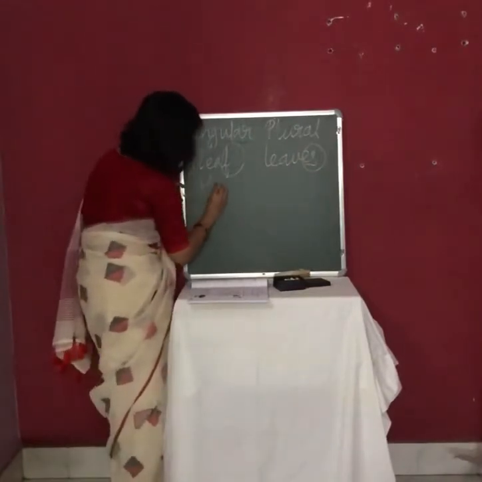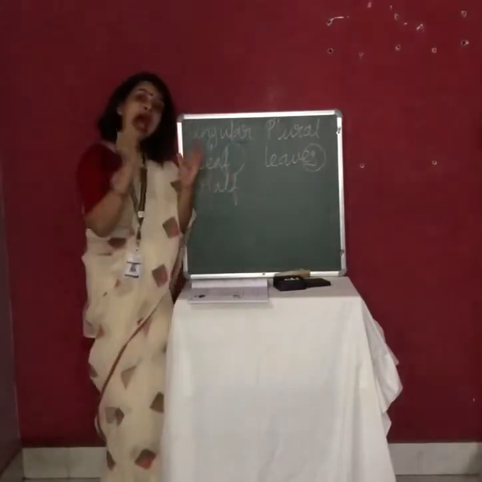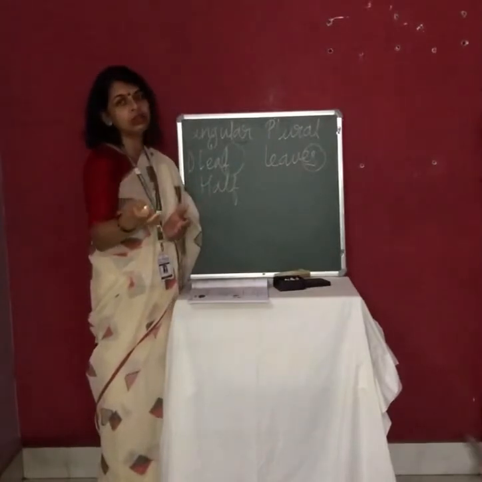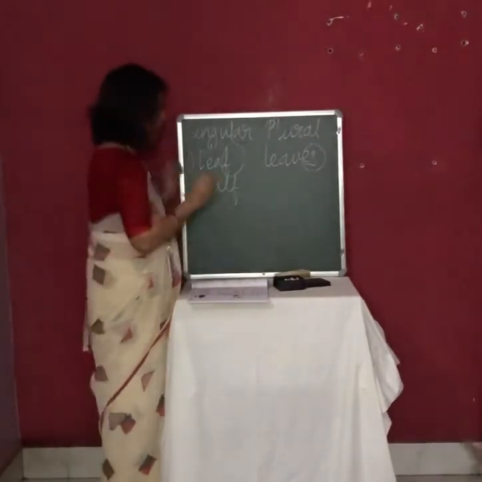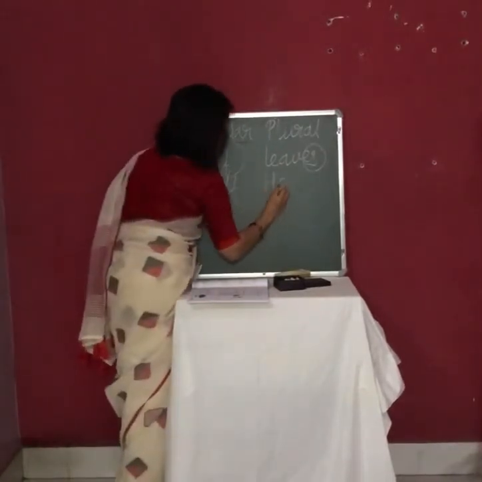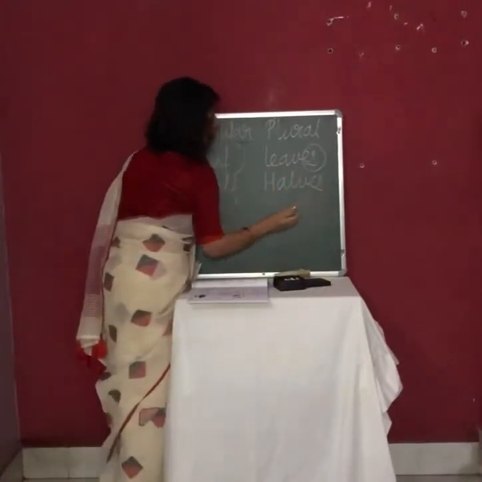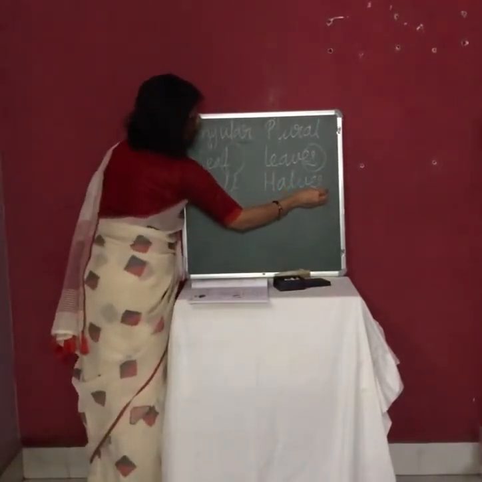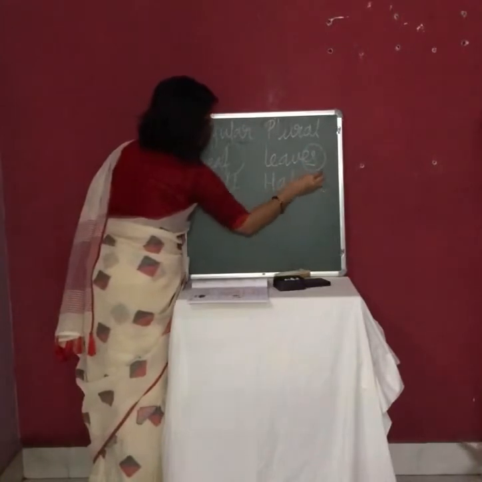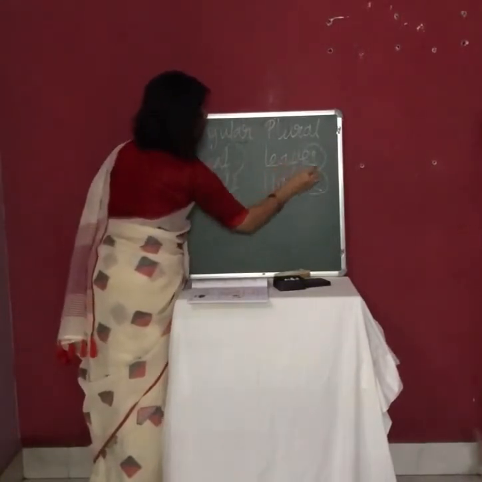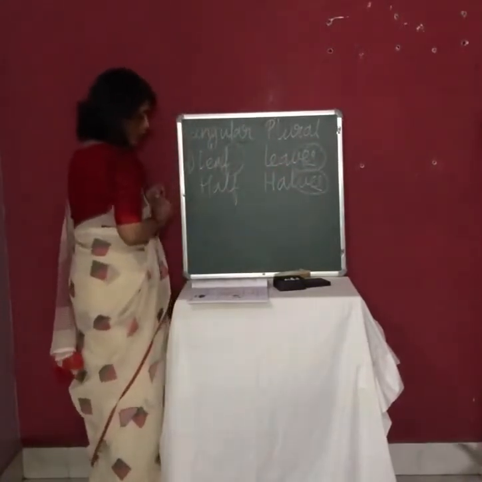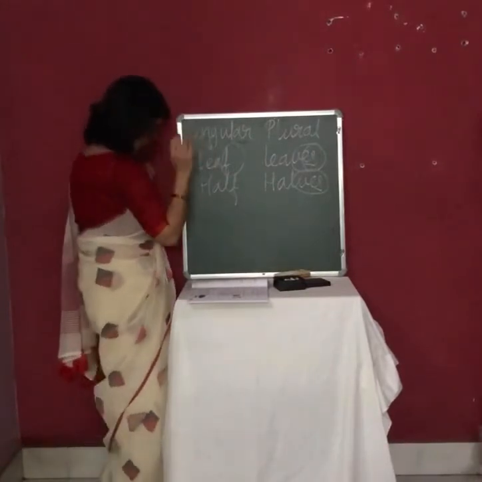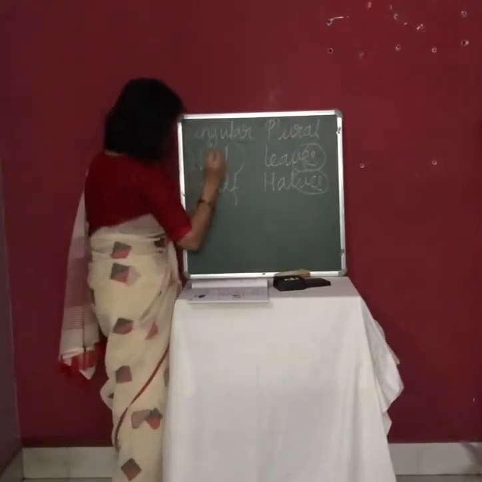Similarly, half. We say give me half of the cake you have baked. What happens? Again, we change it into VES. Have you seen F changes into VES? There is a drastic change in this way.